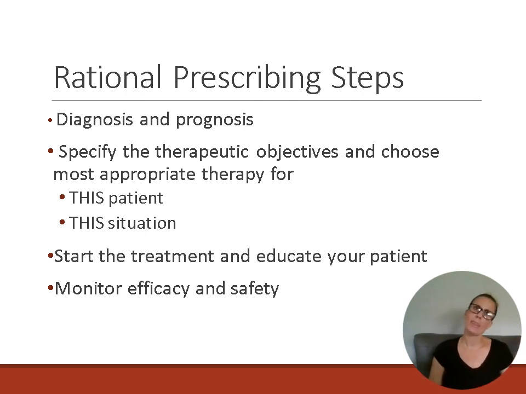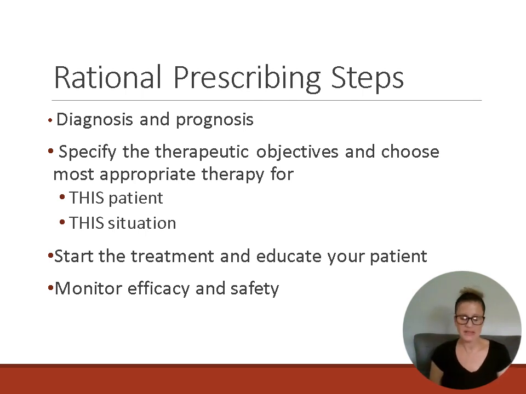And sometimes that works. However, it's very important to consider your specific patient, their characteristics, their disease, their comorbidities, like this specific patient in this specific situation. For example, right, lisinopril 10 milligrams.